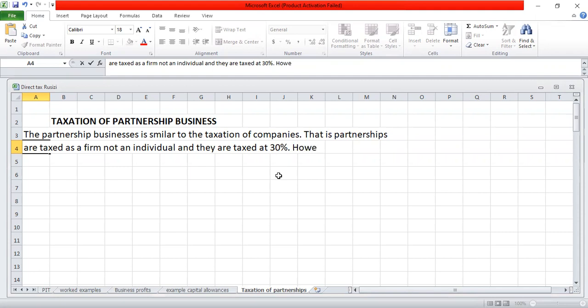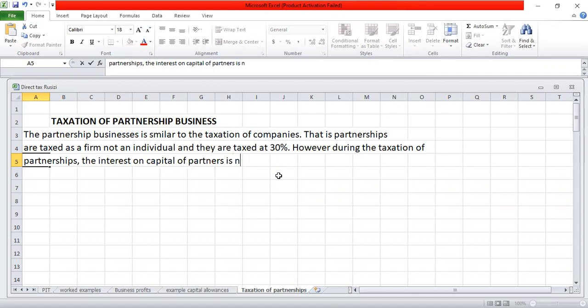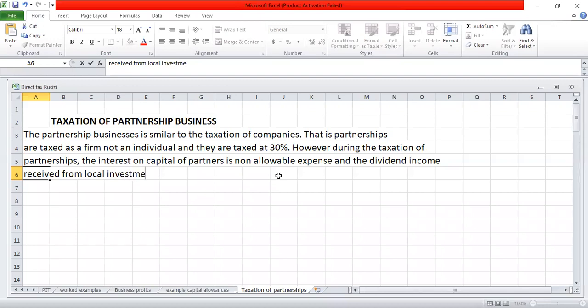However, during the taxation of partnership, the interest on capital of partners is a non-allowable expense, and the dividend income received from local investment is non-allowable.